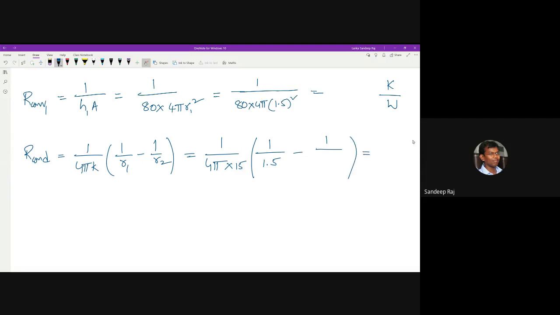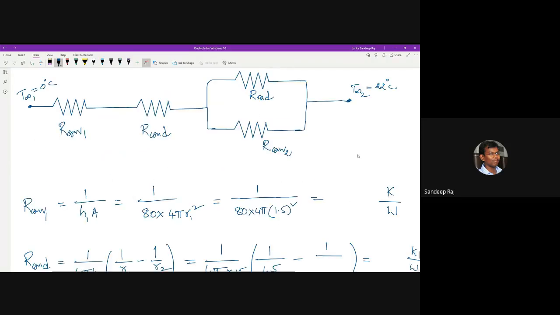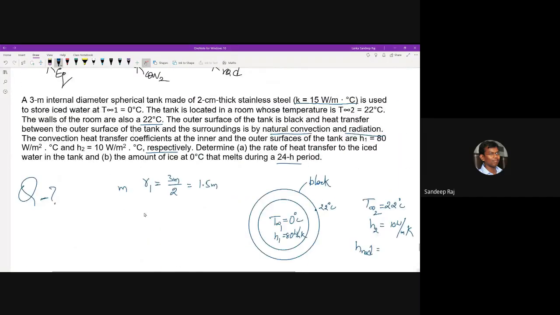To get the R2 value, the thickness is given in the question. R2 is equal to 1.5, which is R1, plus the thickness, 2 centimeters, that is 2 into 10 to the power of minus 2.